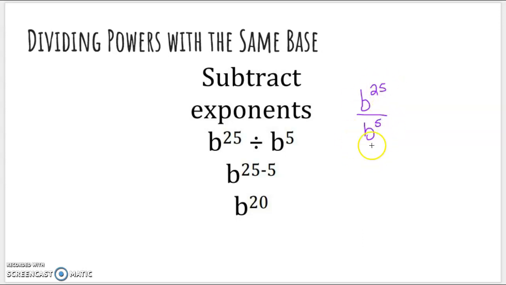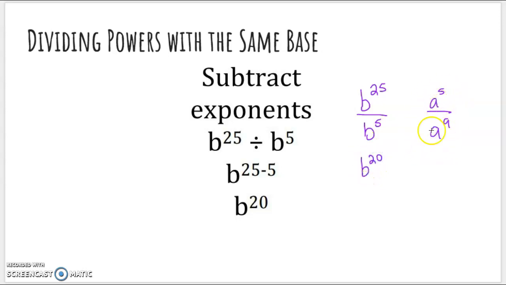Instead of worrying about subtraction, I always ask, where do you have more b's? Well, I have more on top. How many more do you have on top? 20. So 5 of the b's on the bottom cancel 5 of the b's on top, and your answer would be b to the 20th.